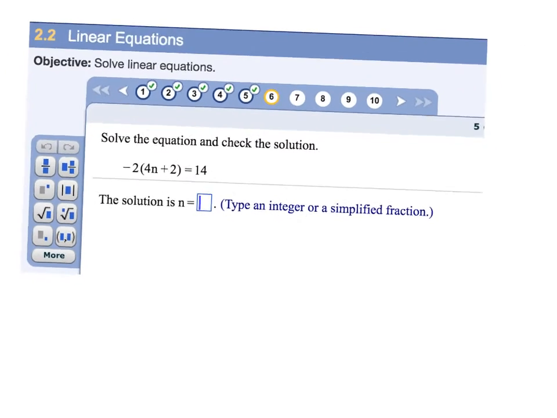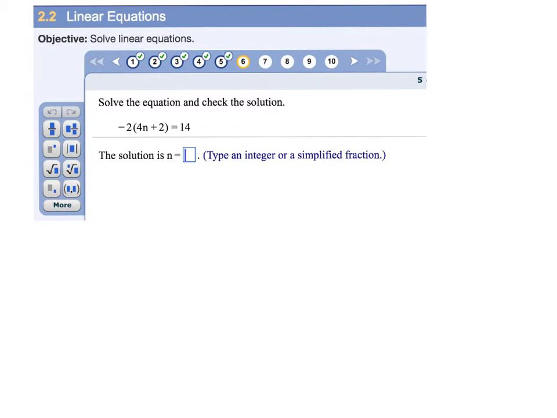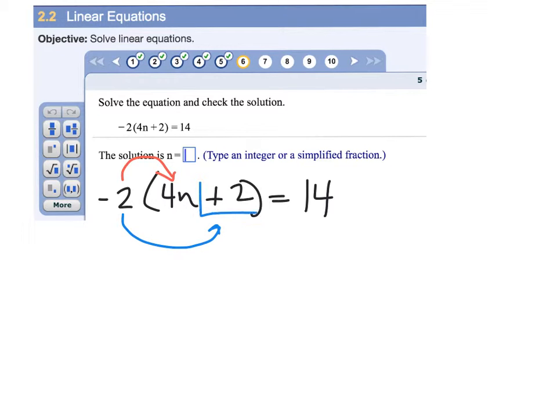All right, getting even more fancy. So we have negative 2 times 4n plus 2 equals 14. And once again, we see that we have a distributive property. We know that we're going to multiply negative 2 times 4n, and we're going to multiply negative 2 times positive 2.